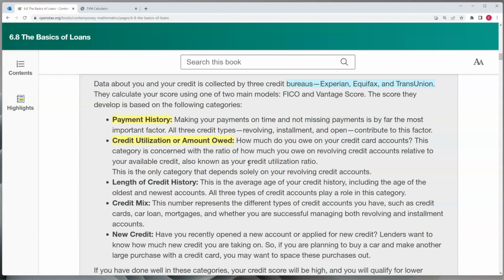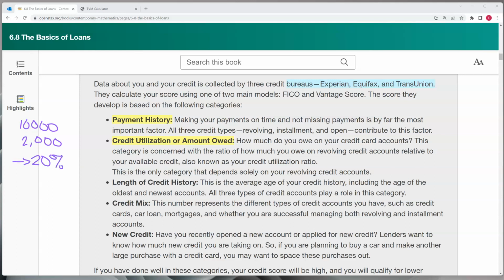Now, a better example of that, and I'm going to get a pen here, is to think of it as a percentage. So, say for example, you've got a credit card with a $10,000 limit. So we've got $10,000 here, and let's say you have $2,000 on the credit card, which means you spent $2,000. Then what that equates to is what we call a 20% credit utilization.